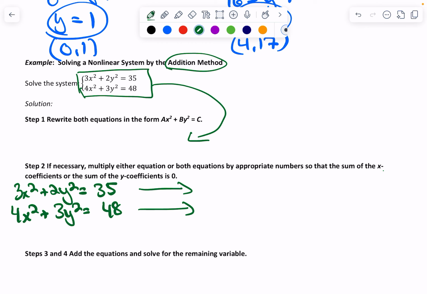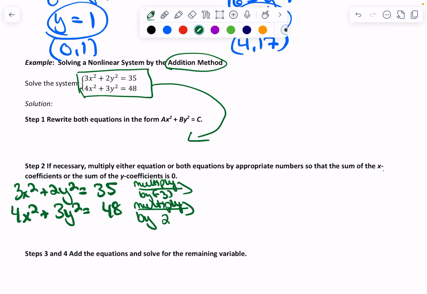And what I'm going to do now is multiply the top one by -3 and multiply the bottom one by 2. Now, again, it really doesn't matter if I multiplied the bottom one by -2 or multiplied the top one by 3. There are several different ways of doing this and getting the correct answer.